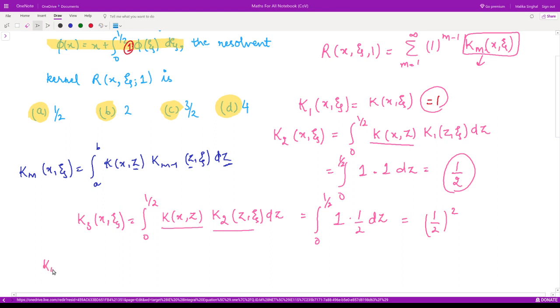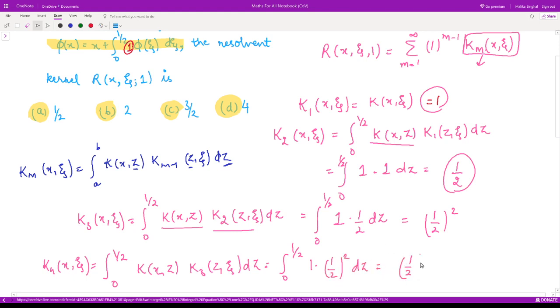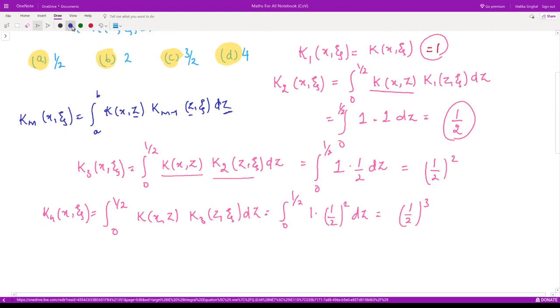So let us calculate K4(x, xi). That would be integration from 0 to 1 by 2 of K(x, z), then K3(z, xi) dz. So that would be integration from 0 to half of 1 into 1 by 2 squared dz, which is simply 1 by 2 raised to power 3, right? So can we generalize this in some way? Yes, we can.